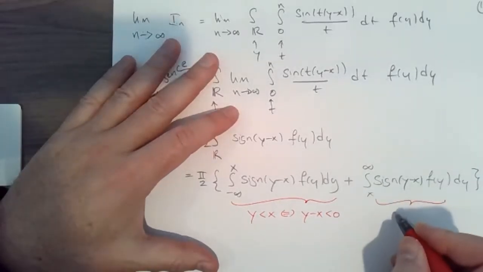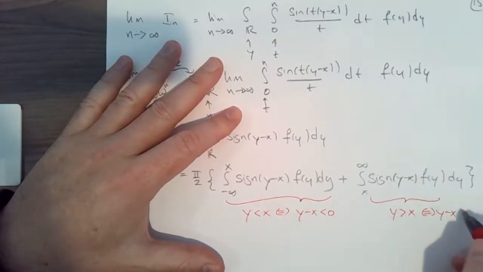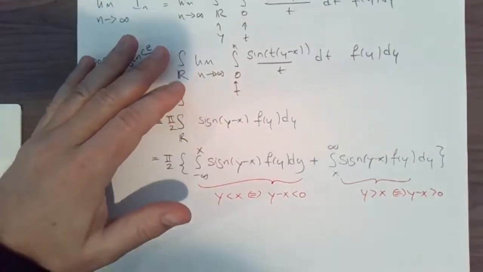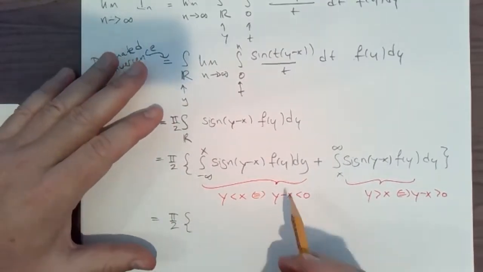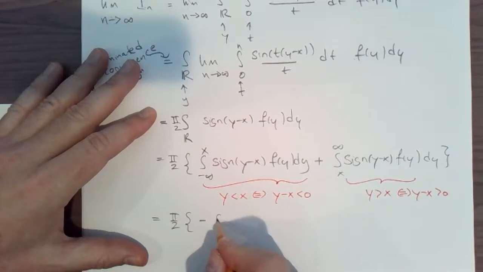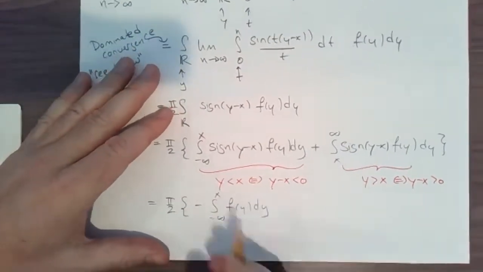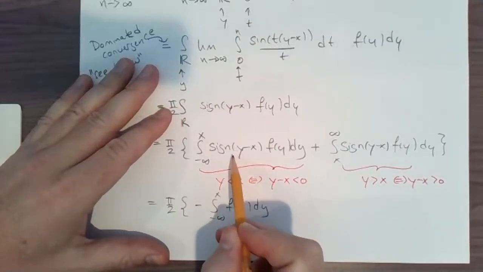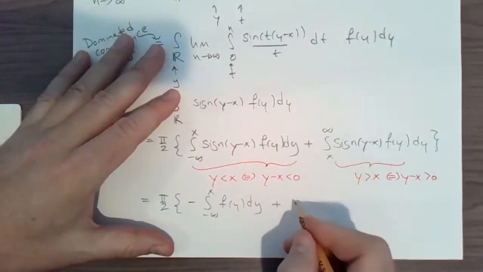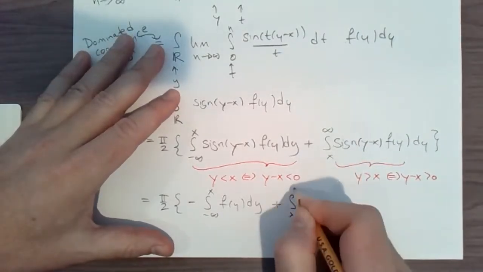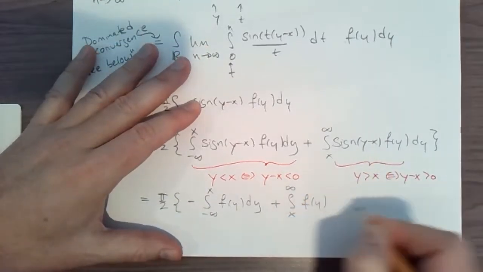Here, y is bigger than x, so y minus x is positive. Okay, so we get pi over 2. And here we're going to get minus an integral from minus infinity to x of f of y dy, because the sign is minus 1, since y minus x is negative. This one over here is the opposite. I get a plus, an integral from x to infinity of f of y dy.